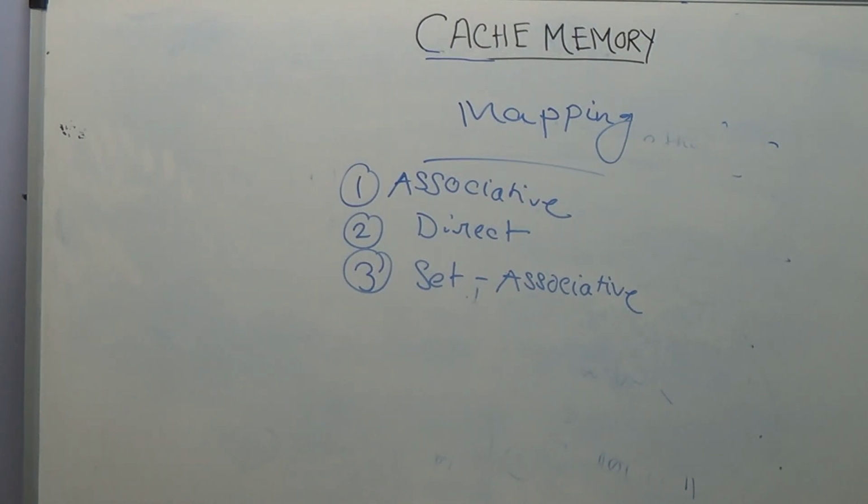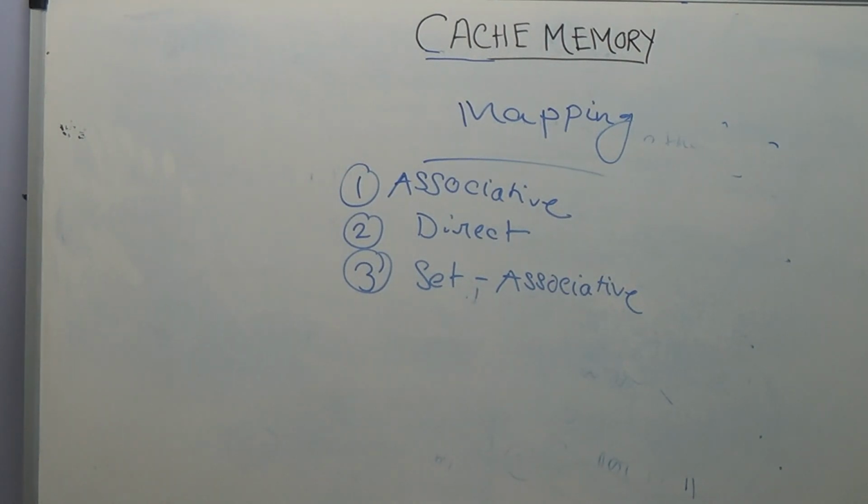If k number of data tag pairs are stored in the cache memory, then it is called k-way set associative. Suppose under the same index address there are two data tag pairs, then it is called 2-way set associative. If there are 4 data tag pairs, then it is called 4-way set associative. If there are 8 data tag pairs, then it is called 8-way set associative.